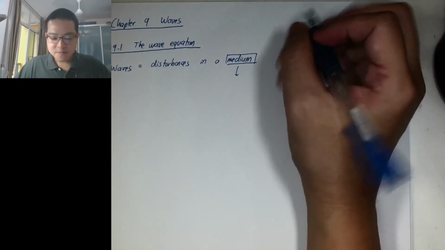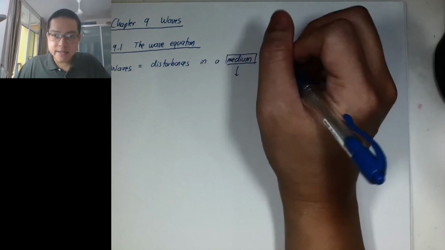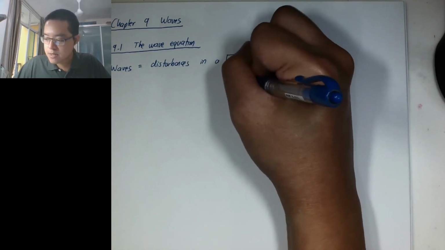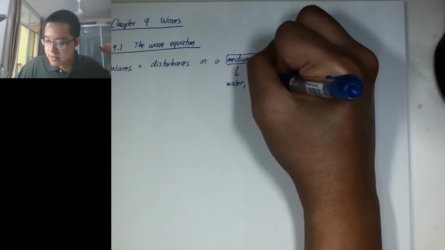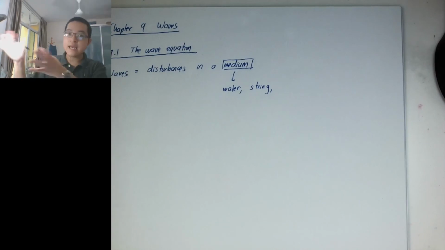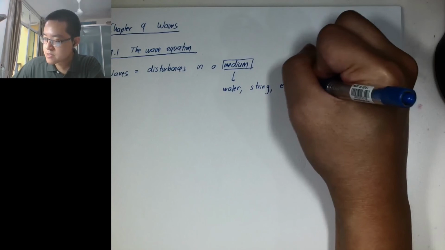So what do we mean when we say medium? Medium is anything. Usually we will consider water, and later when we play the guitar, our medium is a string. When we talk about microwaves or light or electromagnetic radiation, these are electromagnetic fields.